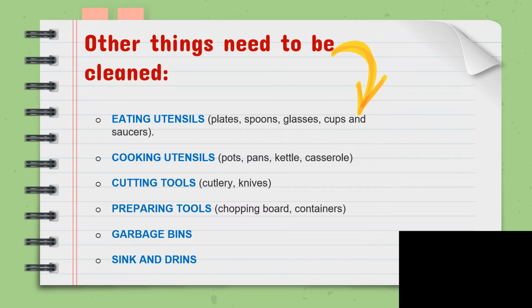So, next, cutting tools, cutlery, and knife. So, yung cutting tools, yung knives na yan, yung cutlery, ayan, kailangan din natin linisin. And then the preparing tools, so yung chopping board, containers, of course, kailangan din natin linisin yan.